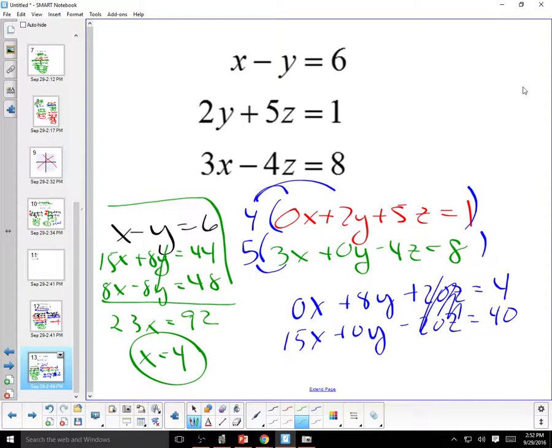So if x is 4, you can plug it in. What's y going to be? Negative 2? Okay, 8x minus 8y equals 48. Say that one more time. How'd you get 8x minus 8y? I multiplied this whole thing by 8 because I want to make the opposite of this one. It's going to become negative 2.